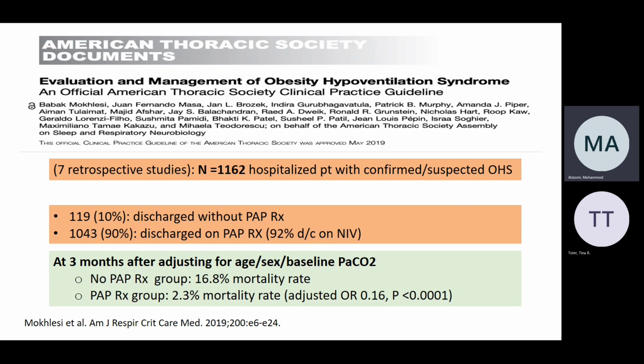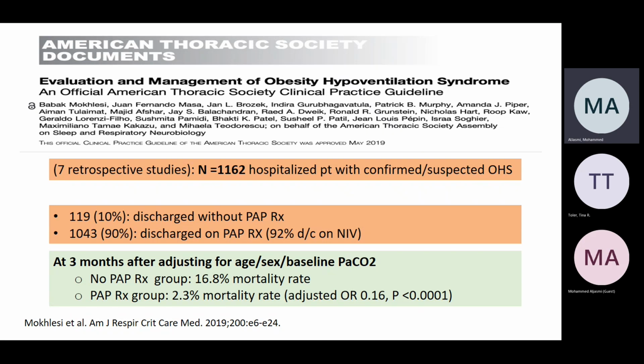This data actually dates back even several years before this paper, but this is the ATS paper about obesity hypoventilation. They did a meta-analysis where they requested data from 7 retrospective studies with more than 1,100 patients who were admitted with either confirmed or suspected obesity hypoventilation. 10% of these patients were discharged without PAP. PAP means either NIV or CPAP.